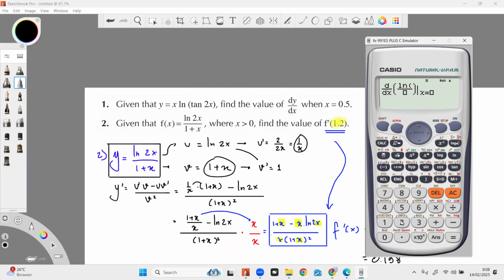You put ln 2x, Alpha x, over 1 plus x. The x is 1.2. There you go. Why is there an error? Oh, I forgot to put the bracket here.